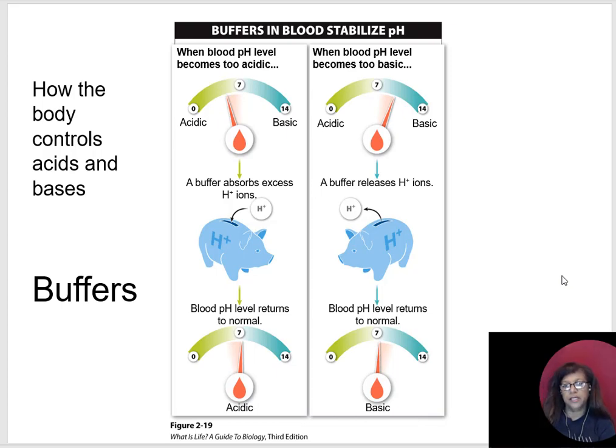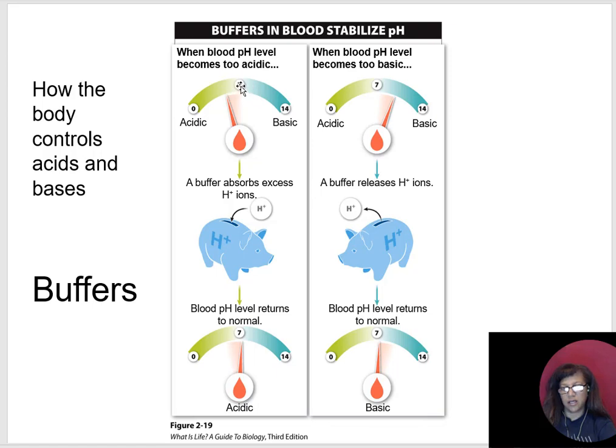So when your blood pH becomes too acidic, all right, so let's take a look here at the scale. Let me see if I can get my mouse to actually point up for you. We're here on the left side. When the blood pH becomes too acidic, here's 7 in the middle. This is giving you sort of the pH scale here, and suddenly the blood has gone to the acidic side.